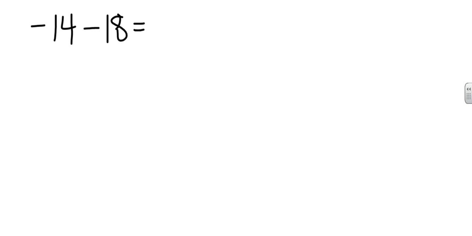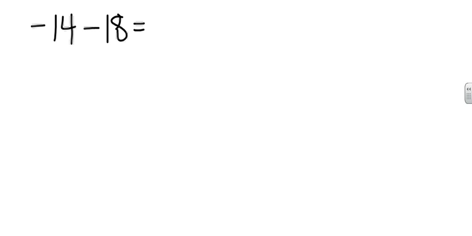We kind of in the back of our mind want to think of two negatives make a positive, but that only works in multiplication. When we're adding and subtracting, two negatives make a bigger negative. For example, if I lose $14 and then I lose $18 more, there's no way that I can have a positive loss. It's just going to be a bigger loss.